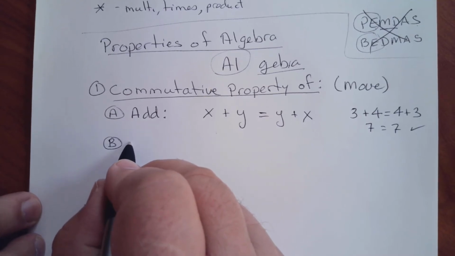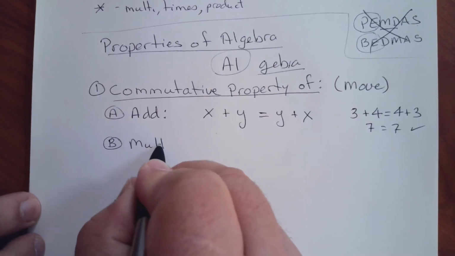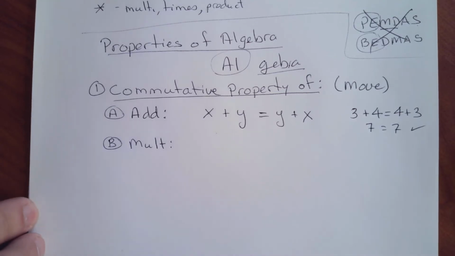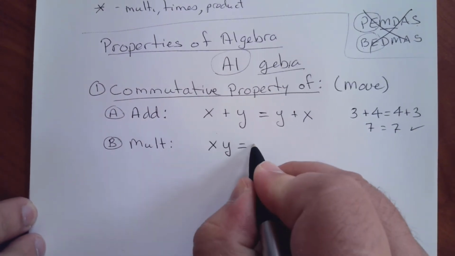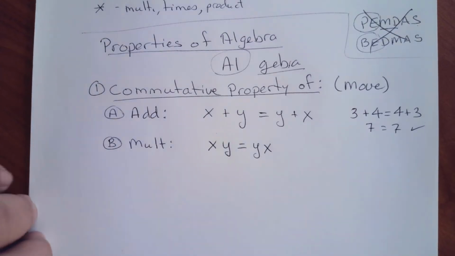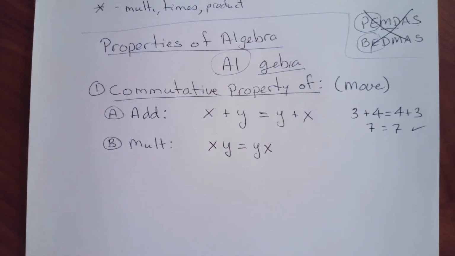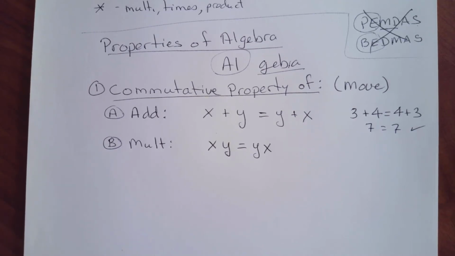The second commutative property is of multiplication. xy is the same thing as yx. Now we have to go on to another side discussion. What's missing between those letters? A math symbol.